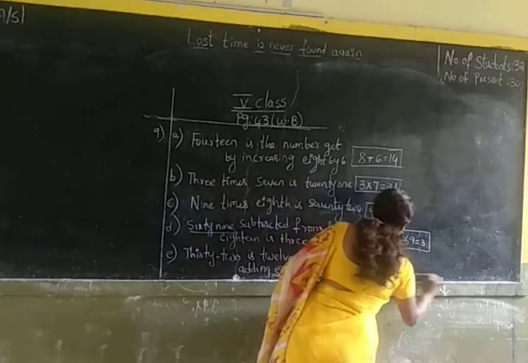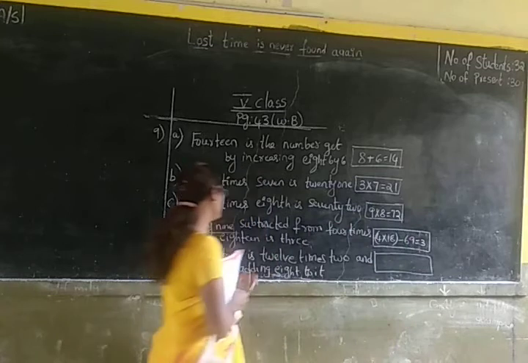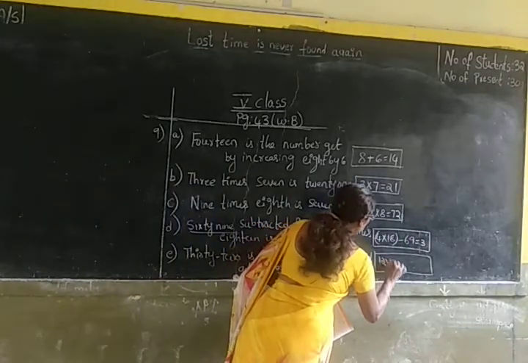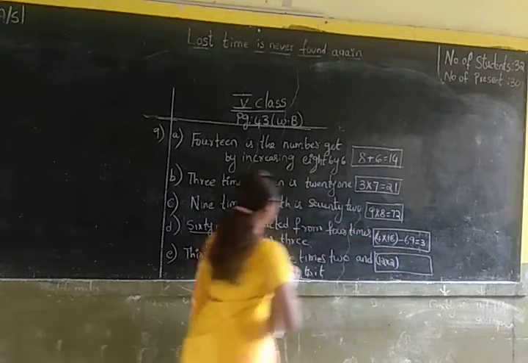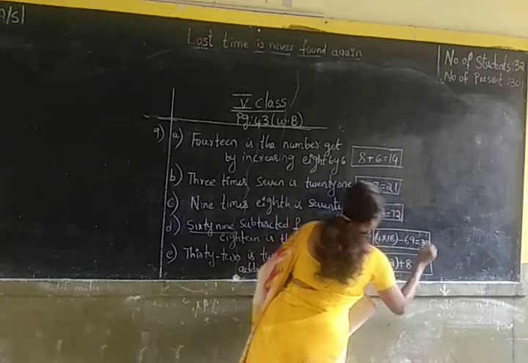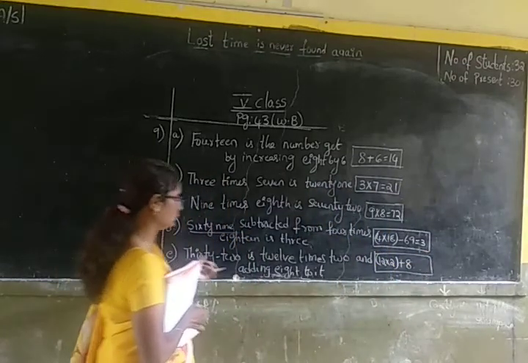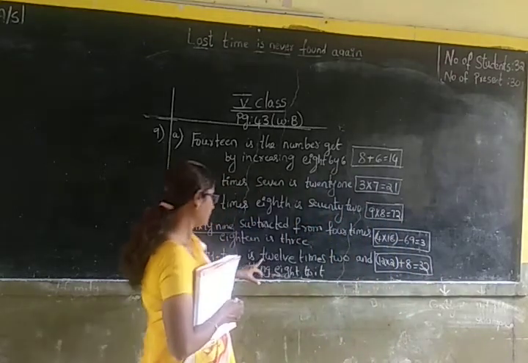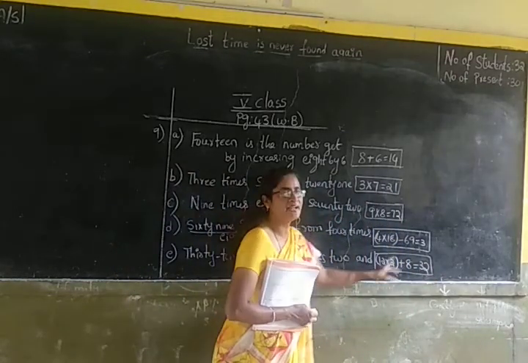Times means multiplication, isn't it? 12 times 2 means 12 into 2, and adding 8 to it. So what will you get? 32.